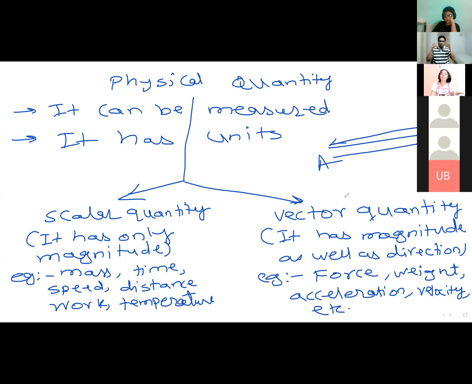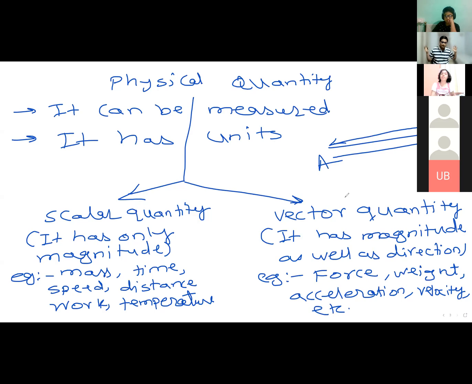The quantity which can be fully described with a number and a unit is called a scalar quantity. The magnitude we are talking about here is the number. For example, 5 kilograms, speed is 40 kilometers per hour, distance is 10 kilometers, temperature is, let's say, 98 degrees Celsius.